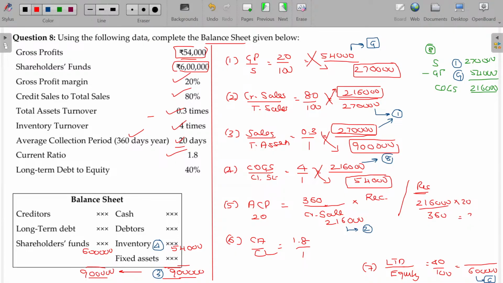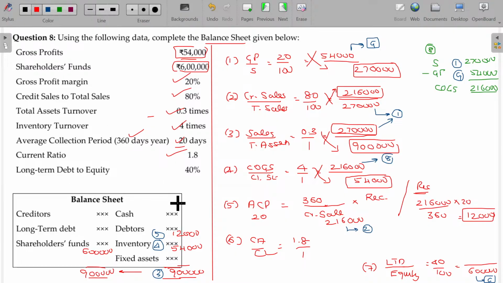What's the value? 12,000 is the receivables. So debtors being the receivables, 12,000. How did I get this? From the working note number 5, I got this value.